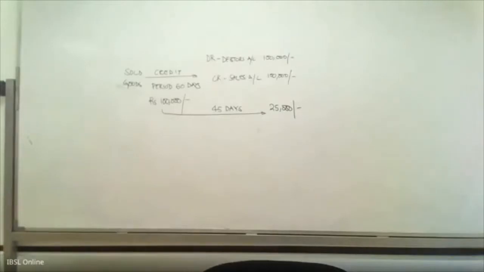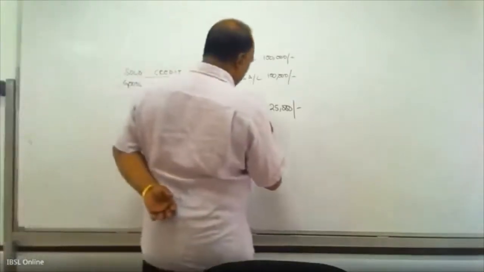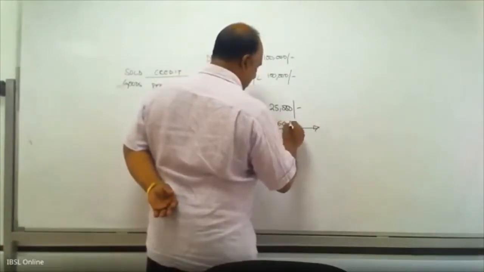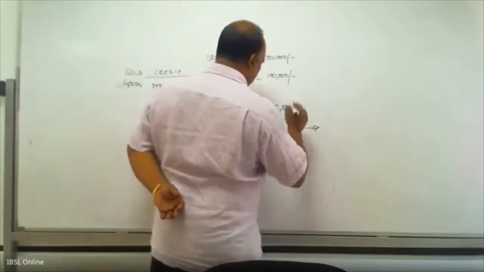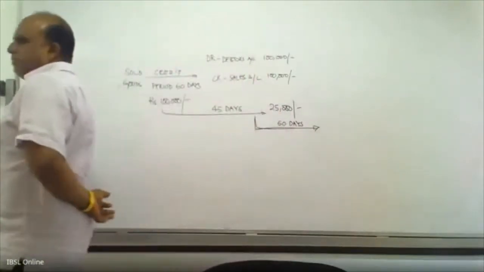Looking at the condition, now it's COVID-19, so you know that people are facing difficulties, and since you are also in business, you consider it favorably and say, okay, I will accept this 25,000 and I'll give you another 60 days from this date to repay the balance 75,000.